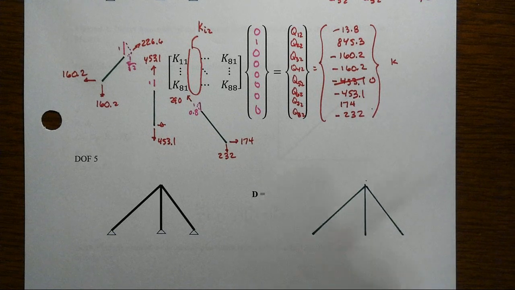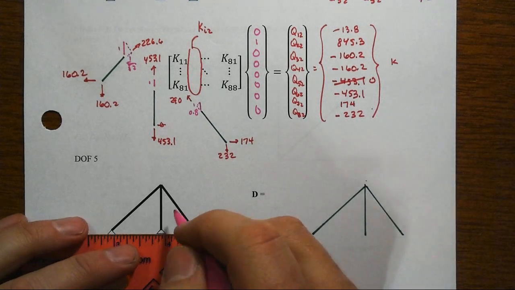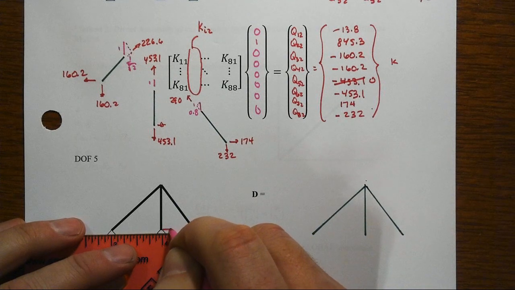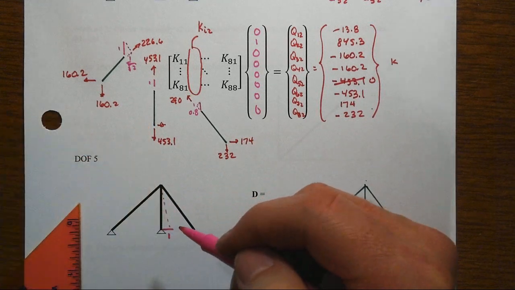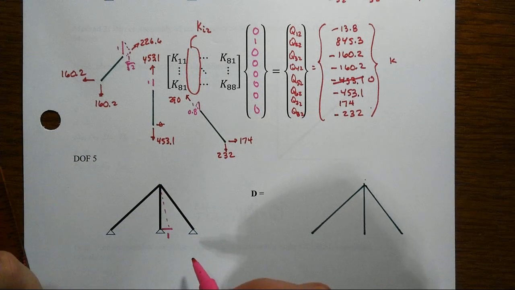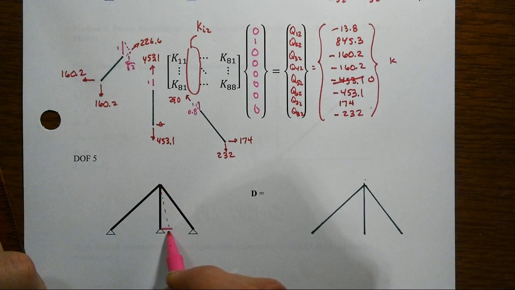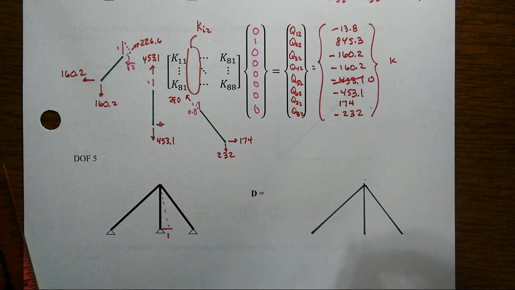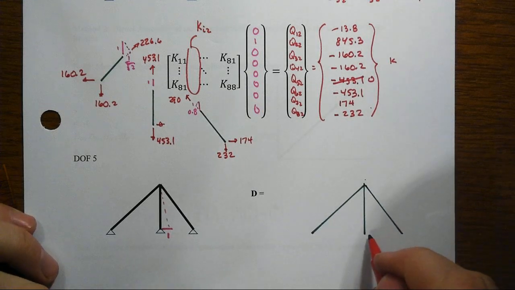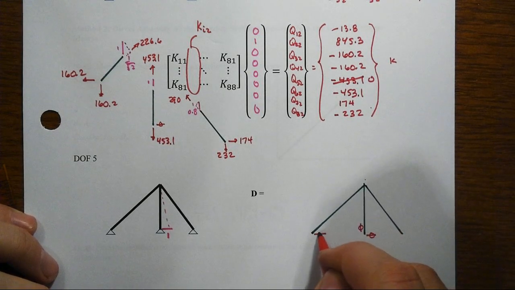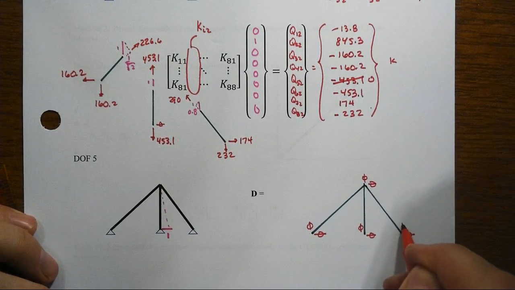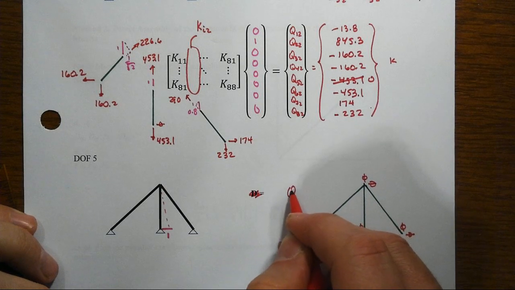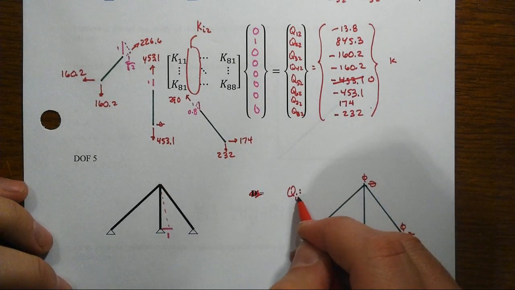Now, here's this last one I want to do. We have to do this for all 8 of these, but let's look at degree of freedom 5 because it's kind of special. If we impose a unit displacement here and all the others are held 0, notice this is a pin connected member. We swing that out, it goes freely. That means that we actually have a rigid body mode here, that all of these are going to be 0 for that specific displacement pattern, and these being the forces that we have here for Qi5.